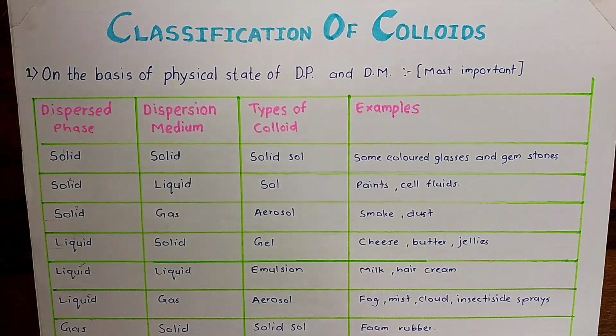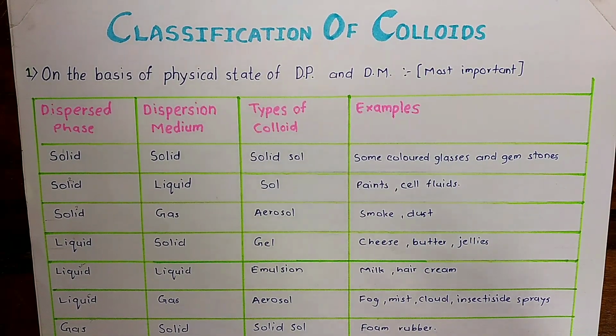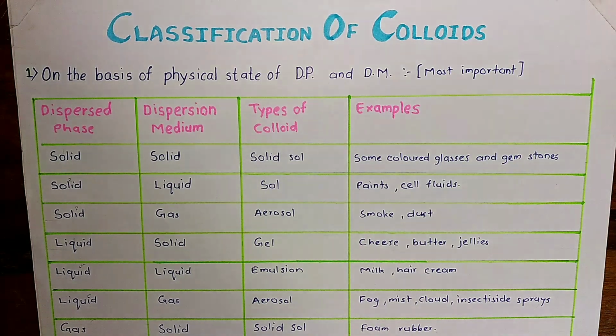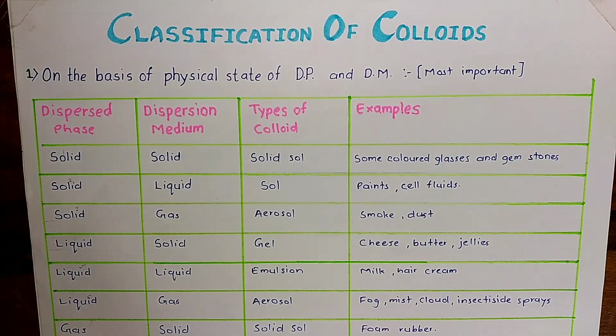We are now seeing the classification of colloids. Colloids will be classified on some bases. First we see the classification of colloids on the basis of physical state of the dispersed phase and dispersion medium.